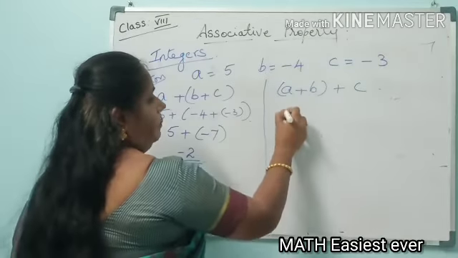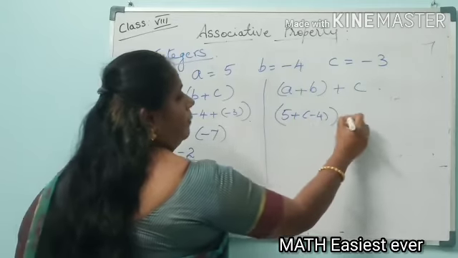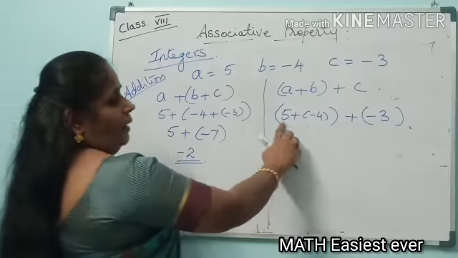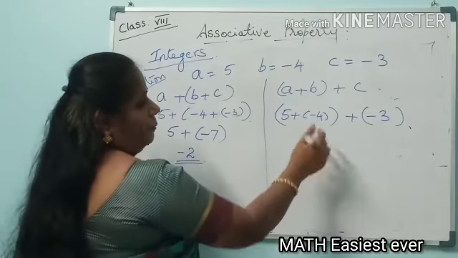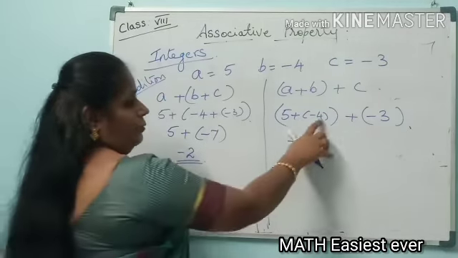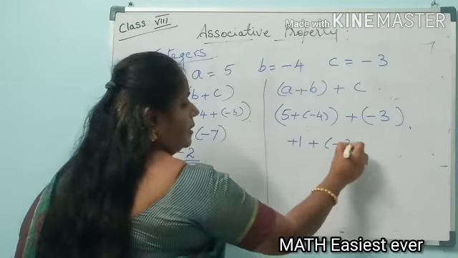Now we'll see what is (A plus B) plus C. First, what is A plus B? B is minus 4, plus minus 3. What is 5 plus minus 4? We have to subtract and put the greater number's sign. So 5 minus 4 is 1, and plus 1. Plus 1 plus minus 3.